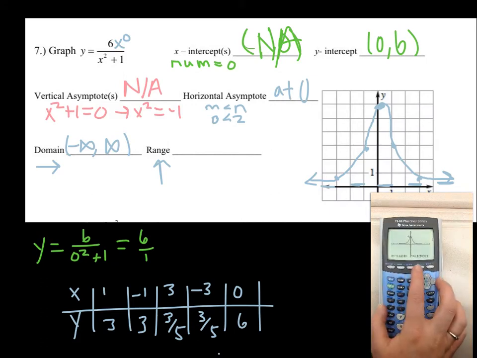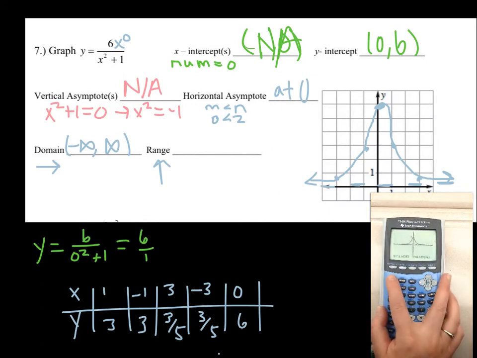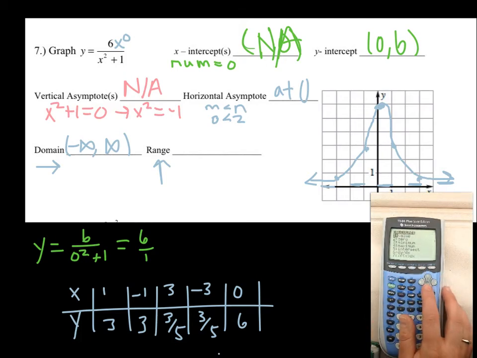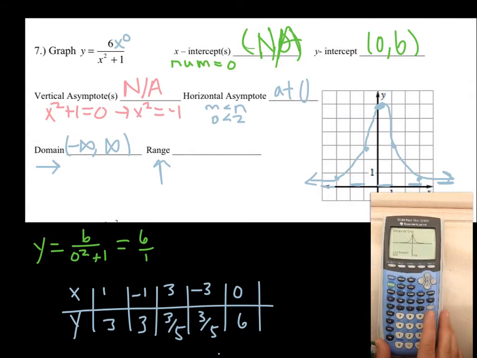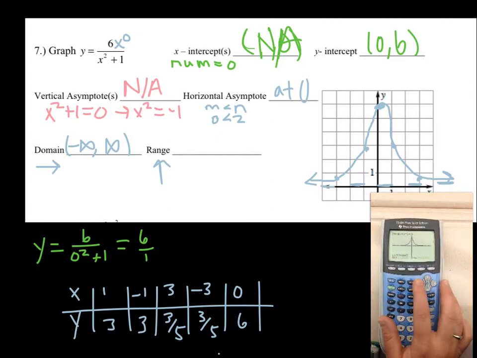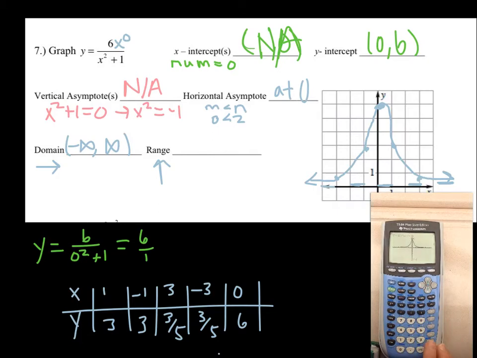So if you go into calculate here, it's a shift option, so we want to do second calc. That is a max value. So we're going to calculate what the max value is. So it'll say left bound. You'll just want to go till you're just a little to the left of it, guess that value, then it'll say right bound. Scooch over, guess a little to the right, and then take your guess at about where it is.